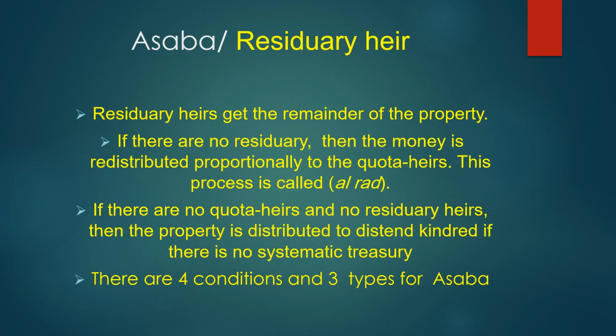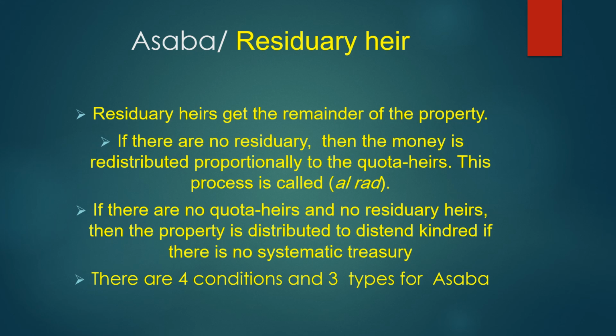This process is called rad, which we mentioned in our previous classes. Rad, inshallah, you will be very familiar with that term in the coming classes. And if there are no quota heirs and no residuary heirs, then the property is distributed to distant kindred, Dhawul Arham, if there is no systematic treasury.